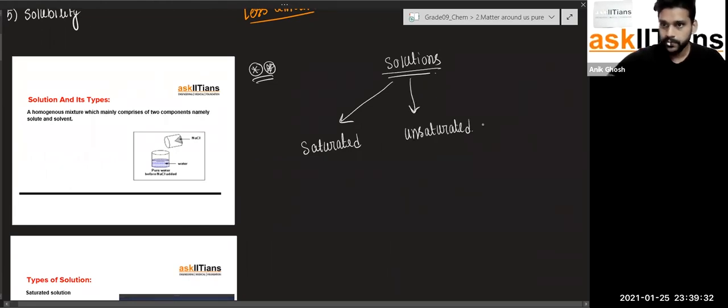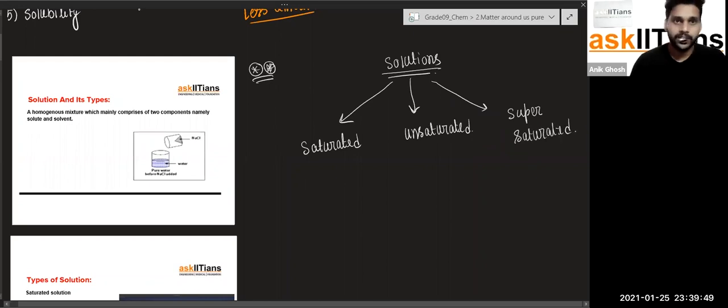The third one is supersaturated. Fine. There are three types of solution: saturated, unsaturated, and supersaturated.